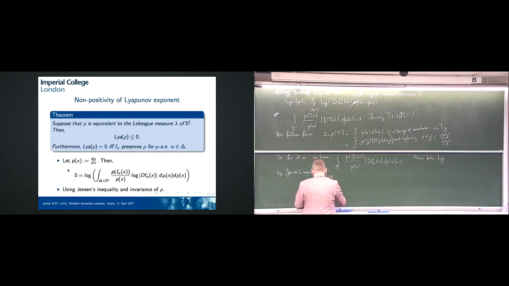You have the log of the integral of psi(x) d rho(x) is larger or equal than the integral of log of psi(x) d rho(x). Maybe psi is not a good function. We'll get one. Let's go back now. Psi. If psi is positively bounded.